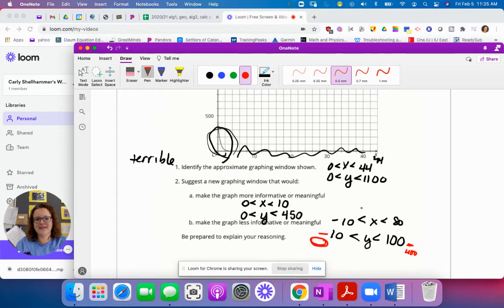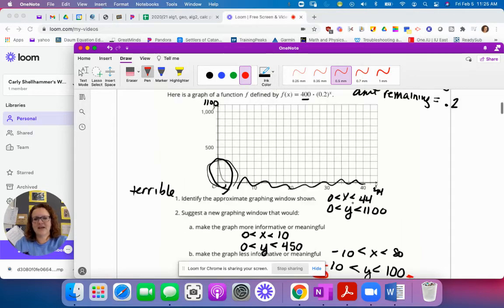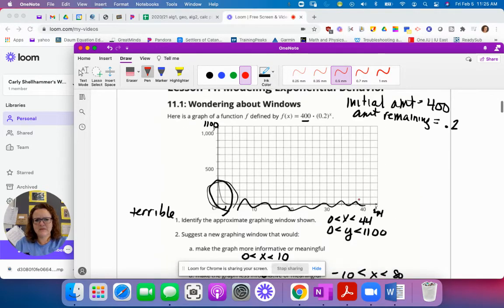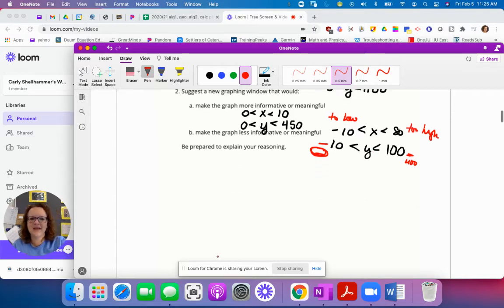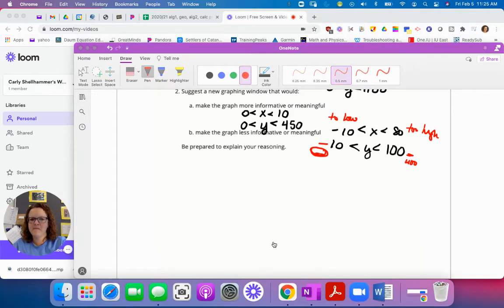That's kind of silly. And here we have a negative 10, not helpful, and we're going way up to 80. Too high, too low, not low enough, not high enough. All right, and that's explaining my reasoning.